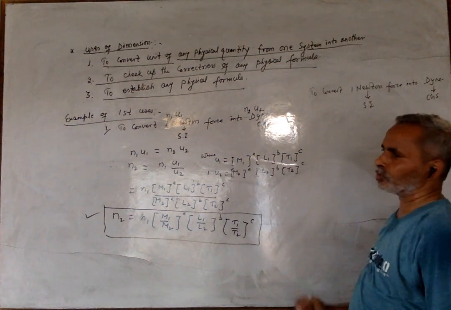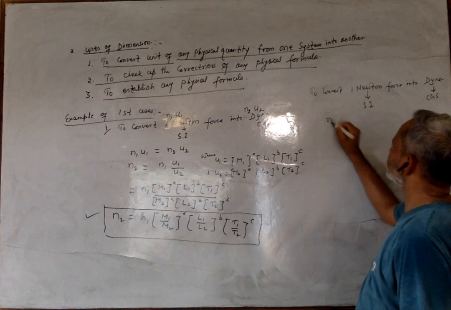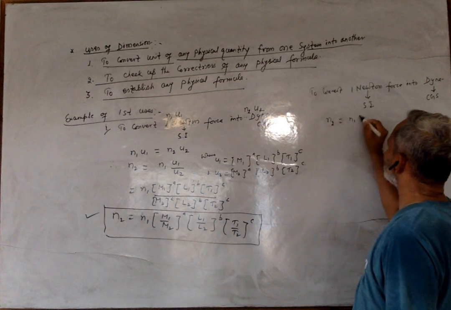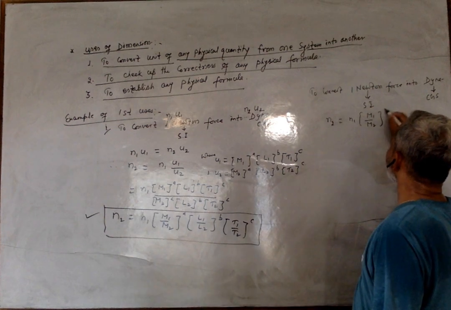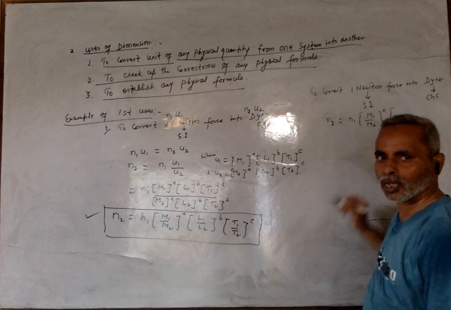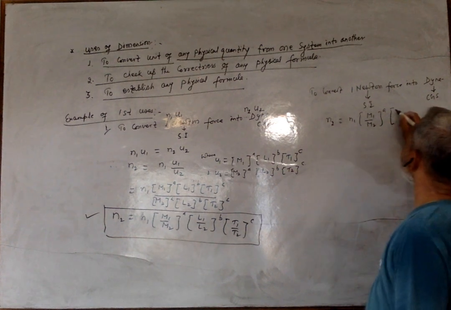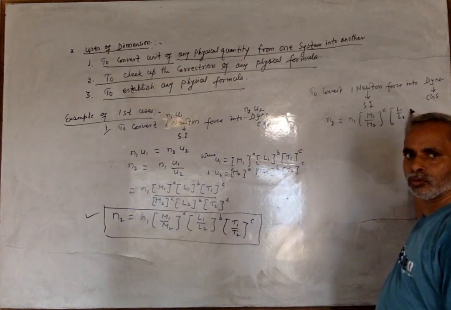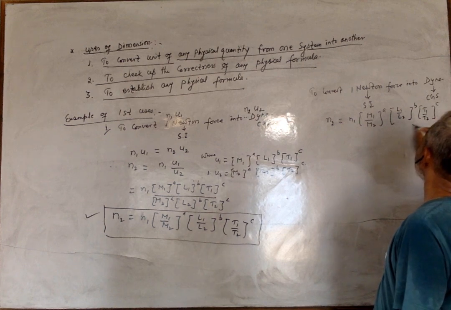Firstly, we write the formula: N2 equal to N1 into M1 by M2 to the power a, L1 by L2 to the power b, T1 by T2 to the power c.